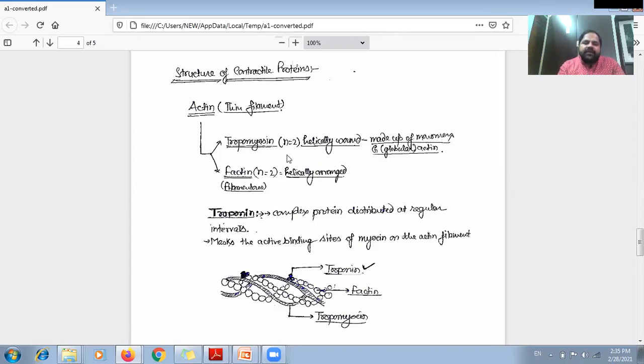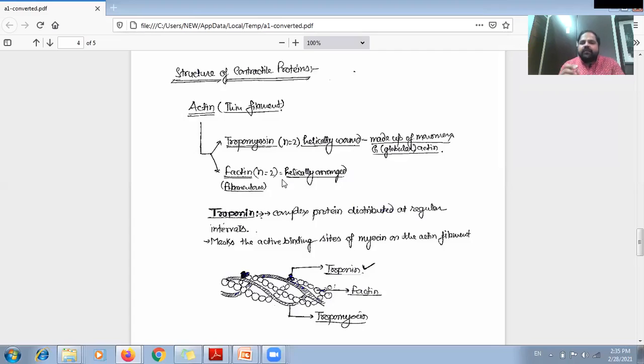And the F-actin is again present in pair, and these are also helically arranged, filamentous structures. This F-actin is the filamentous structure. All these two pairs of tropomyosin and F-actin are again helically arranged to each other. A total of 4 rope-like structures are there which form the actin protein.